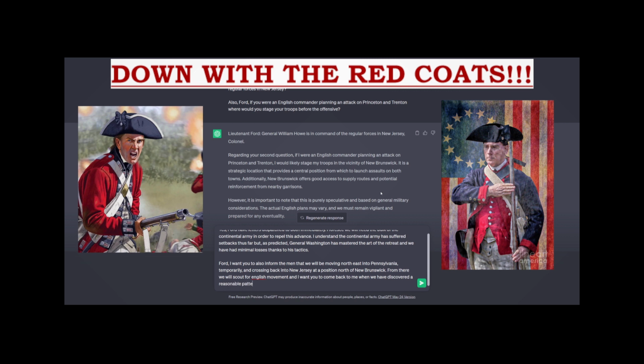That is, if they are as smart as you to stage their troops there before the attacks.